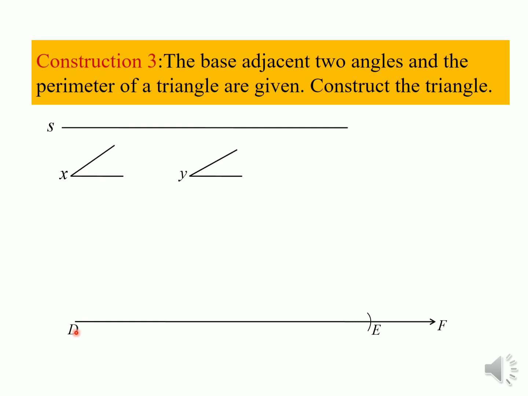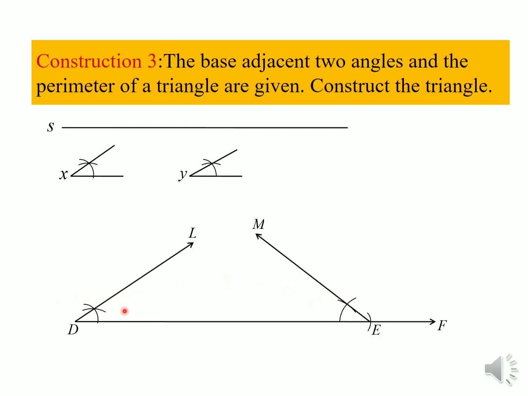Now at point D we draw angle EDL. This angle EDL is equal to X, and at point E we draw angle DEM. This DEM is equal to Y. Now we bisect these two angles.